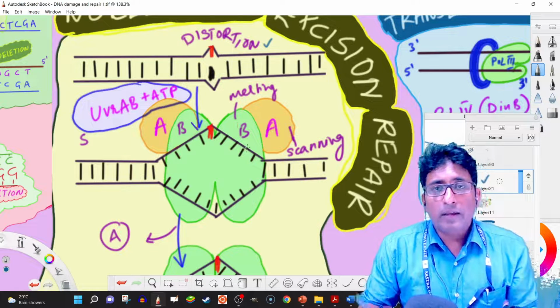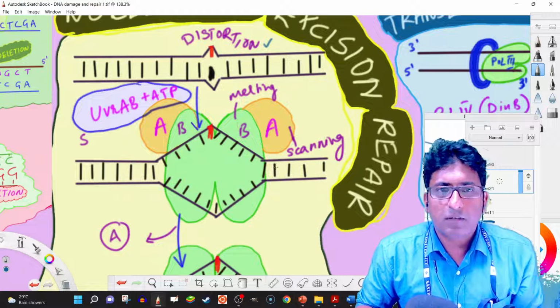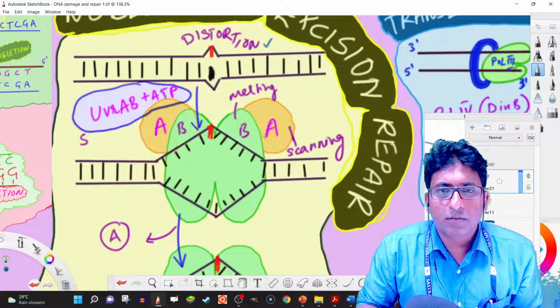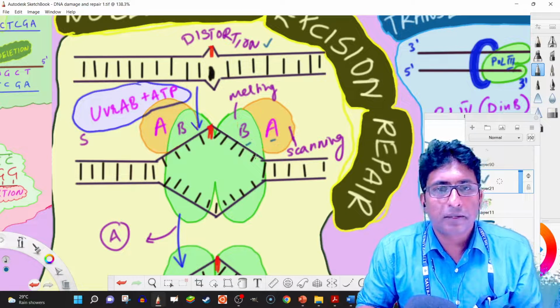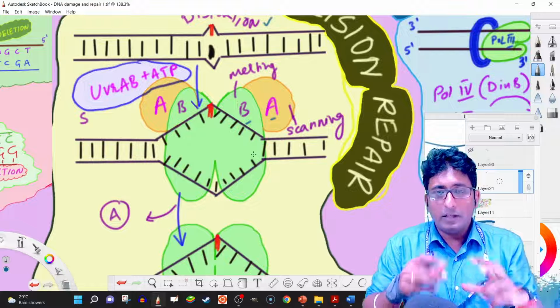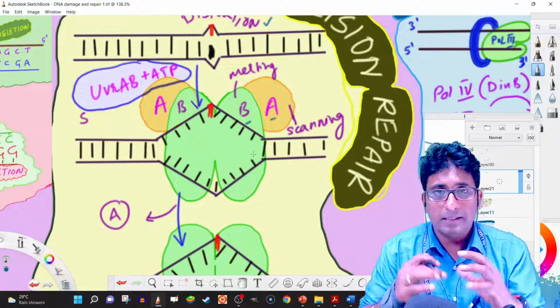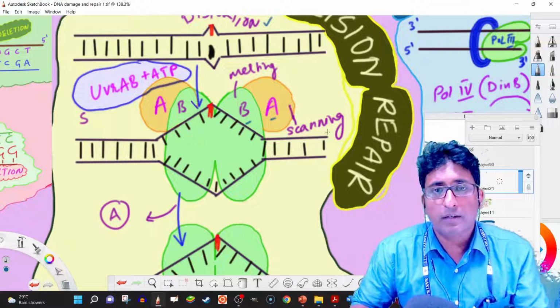UVRAB is a heterodimer, or rather a tetramer with 2 subunits of A and 2 subunits of B, and B is responsible for anytime there is a distortion. B will melt the DNA, that is, denature the DNA at that location.